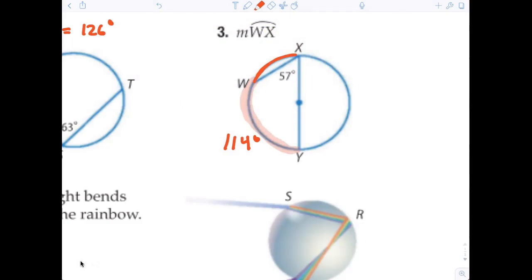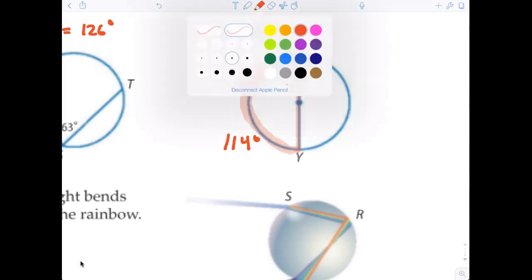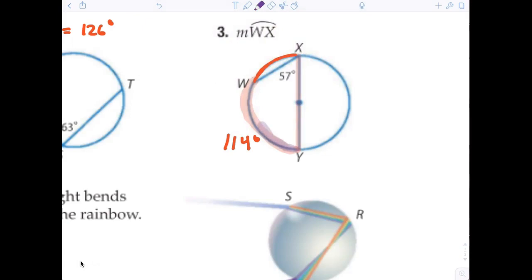And then I need you to understand that XY is the diameter, right? And if XY is the diameter, that means that this is 180, all right? So WX is simply 180 minus 114, which is, again, what? 66.